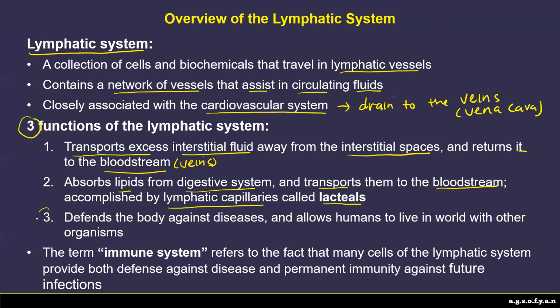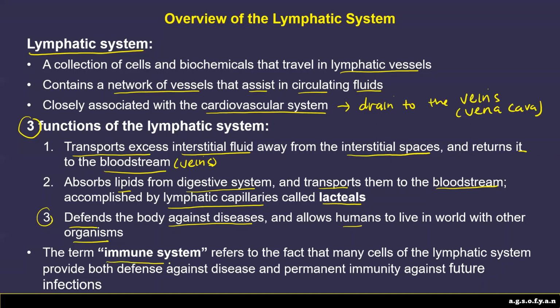Third, this is the one that's related to immunity, which defends the body against diseases and allows humans to live in the world with other organisms. So it protects us from disease.